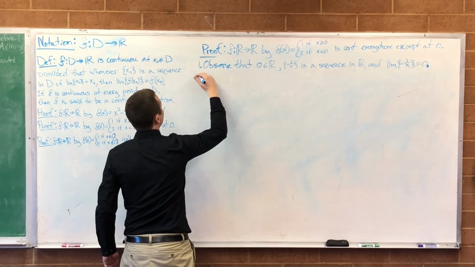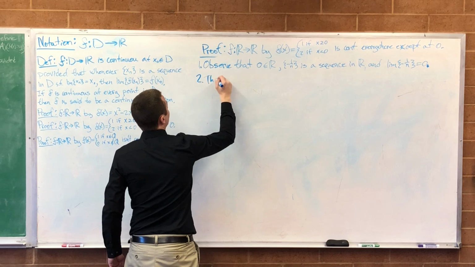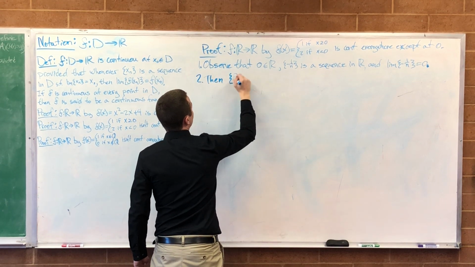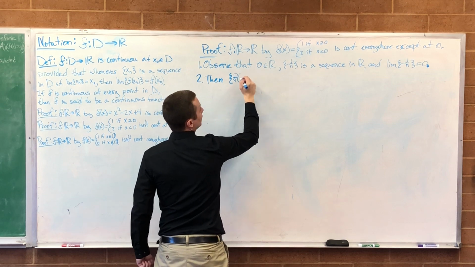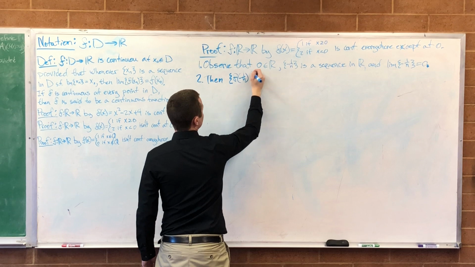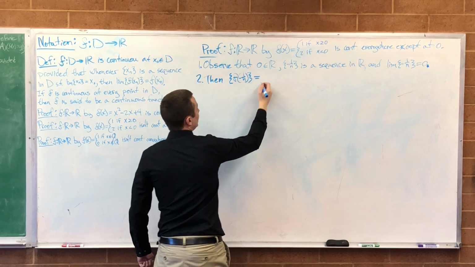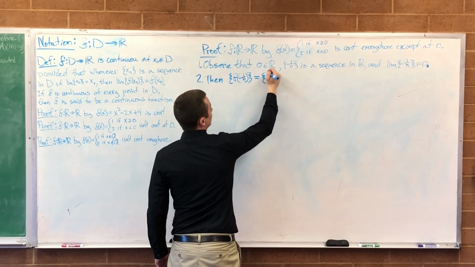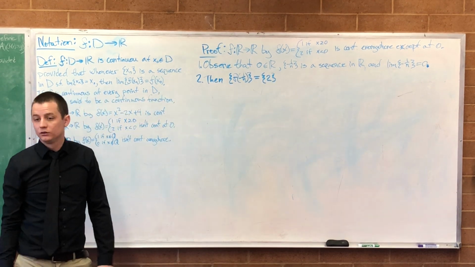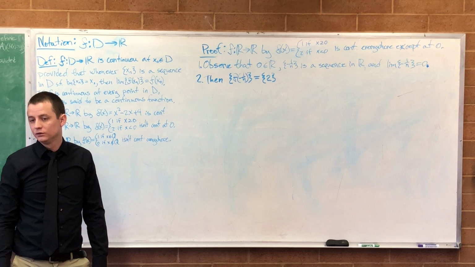Then the sequence f of -1 over n is just equal to the sequence 2, 2, 2, 2, 2, 2, 2. Right?